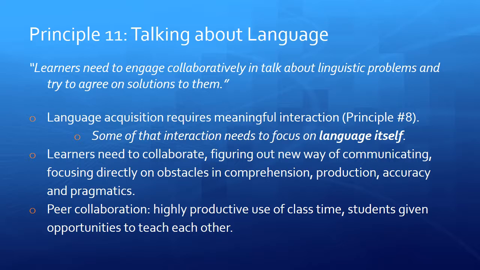What does that mean? I wouldn't have understood this so well if I didn't see it happen constantly in my own classes, where I'll put students in pairs or in small groups where they'll be working on some sort of exercise, grammar, vocabulary, whatever it is, a writing task, whatever it is.